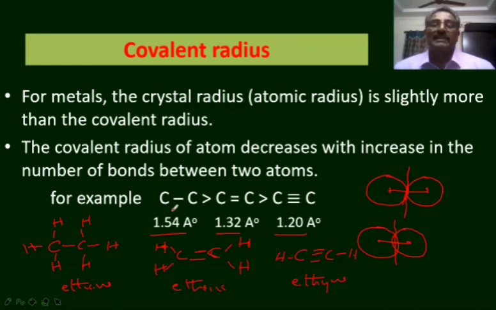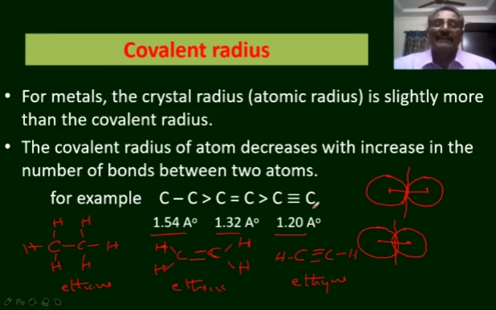Here we can observe that the carbon-carbon single bond is longer than the carbon-carbon double bond, which is longer than the carbon-carbon triple bond. That means the atomic radius of carbon in the compound containing a carbon-carbon single bond is more than the atomic radius of carbon in the compound containing a carbon-carbon double bond, which is more than that in the compound containing a carbon-carbon triple bond.